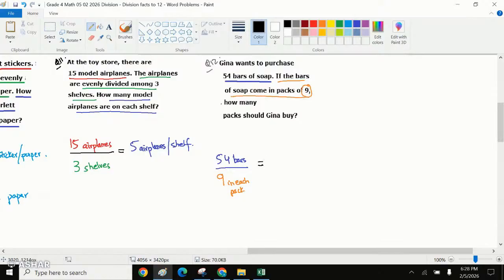When 54 is divided by 9, yes, thank you, May. Your answer is 54 divided by 9 would be 6, right? So we say she should buy 6 packs of soap. Thank you.